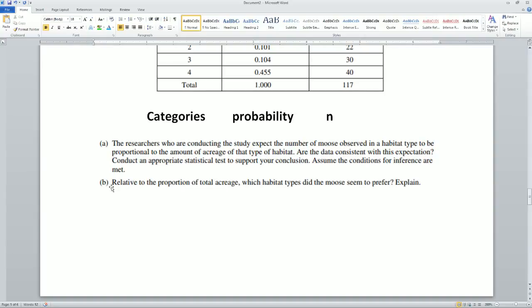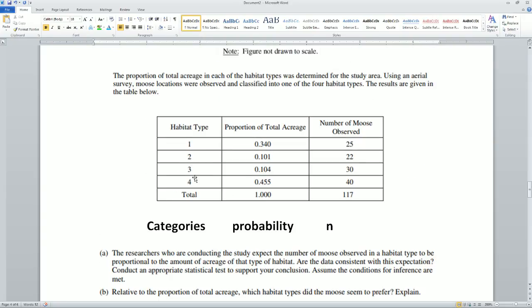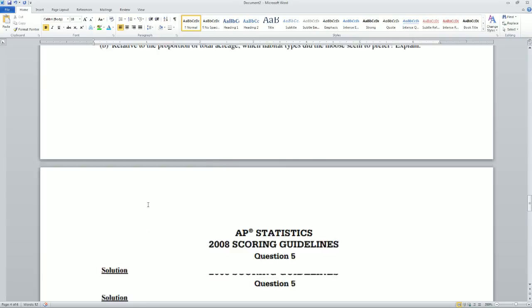Where was it? Relative to the proportion of the total acreage, what habitat types did the moose seem to prefer? Which one do they prefer, one, two, three, or four? Relative to the proportion of the total acreage.